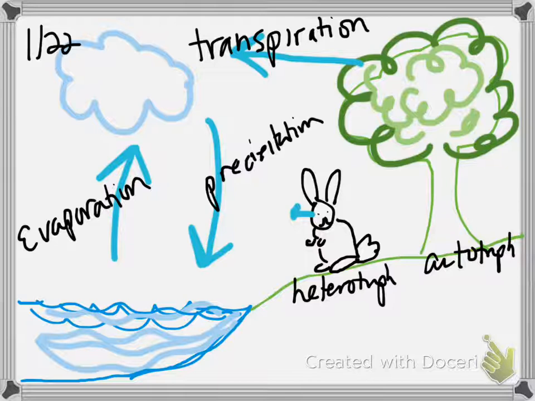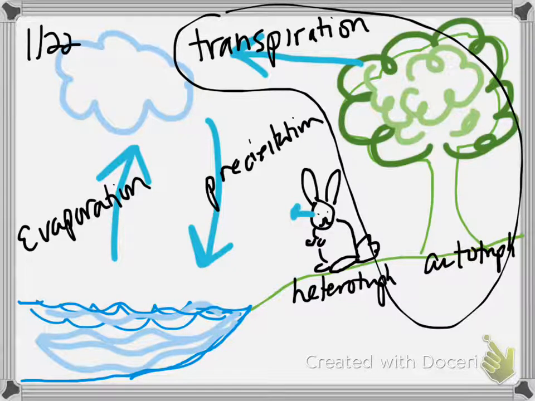Really the big part I want you to know, remember, we're skimming the surface on this, is that autotrophs are huge in terms of the water cycle. That transpiration is a big deal. It's putting out a bunch of water back into the atmosphere. And they're using it for their processes. That's really all we're going to do on the water cycle.